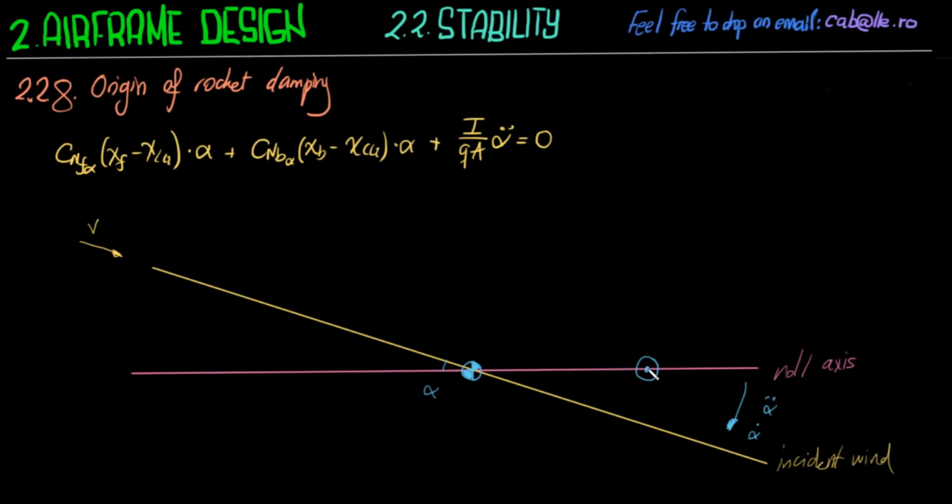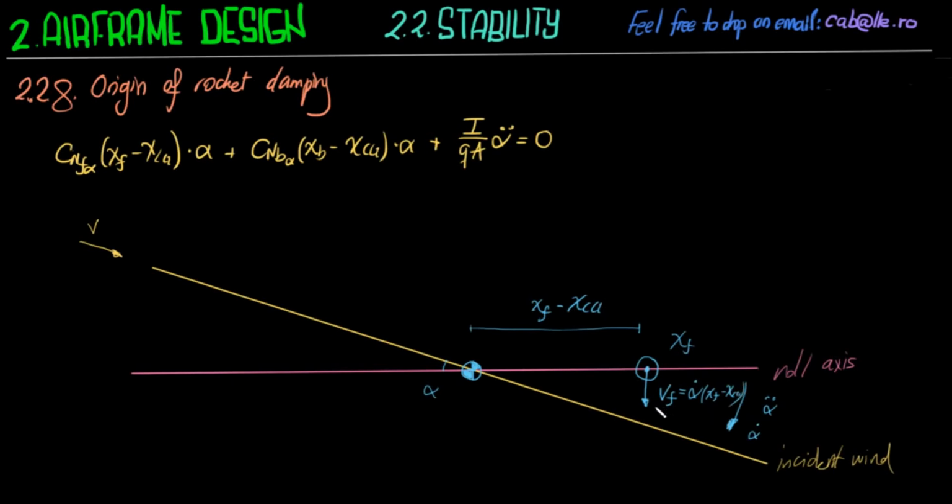So at this point, at the aerodynamic center of the fins, we have an induced velocity. We'll call it velocity of the fins, which is equivalent to the following. It's simply the angular velocity times this distance, which is, sorry, it's not the XAC, but it's the aerodynamic center of the fins minus the center of gravity. So it's this times this. Cool.